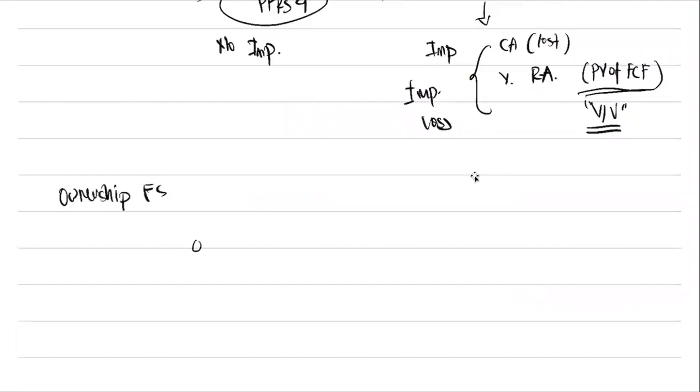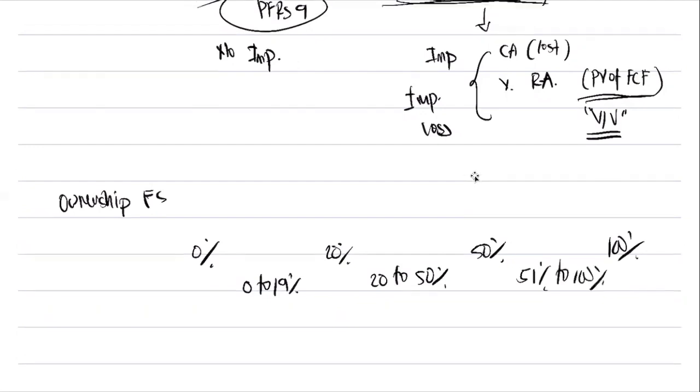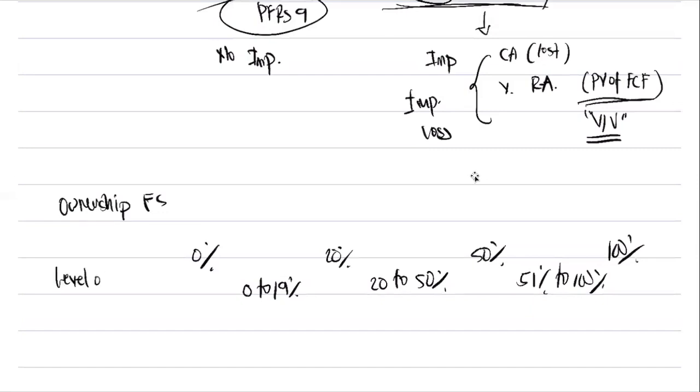So we have these different percentages, 0, 20%, 50%, and then 100%. So we have here 0 to 19%, 20 to 50%, and then we have your 51 to 100%. So what is this level of ownership? Whenever we talk about level of ownership, remember that your common stock gives you ownership interest.